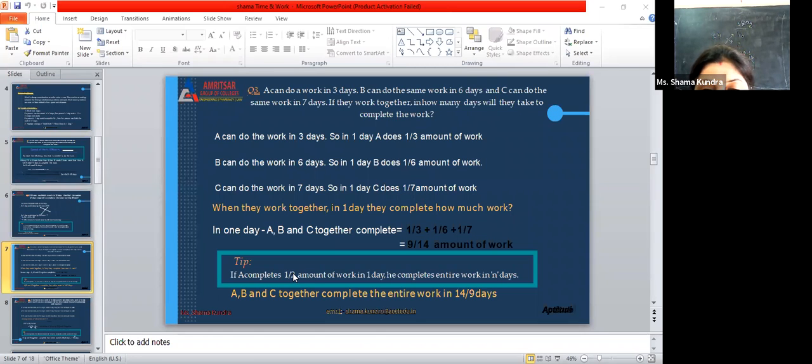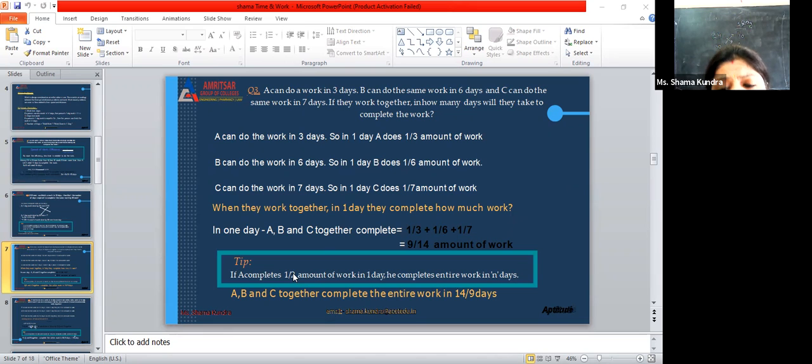So 9/14 amount of work is done by A, B, and C in just 1 day. This is not the number of days. This is not the entire work done. It is just 1 day work of A, B, and C together.